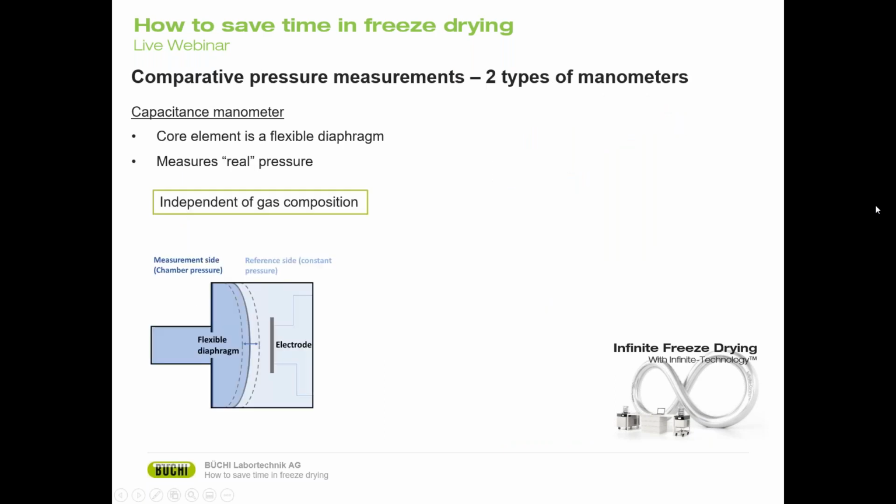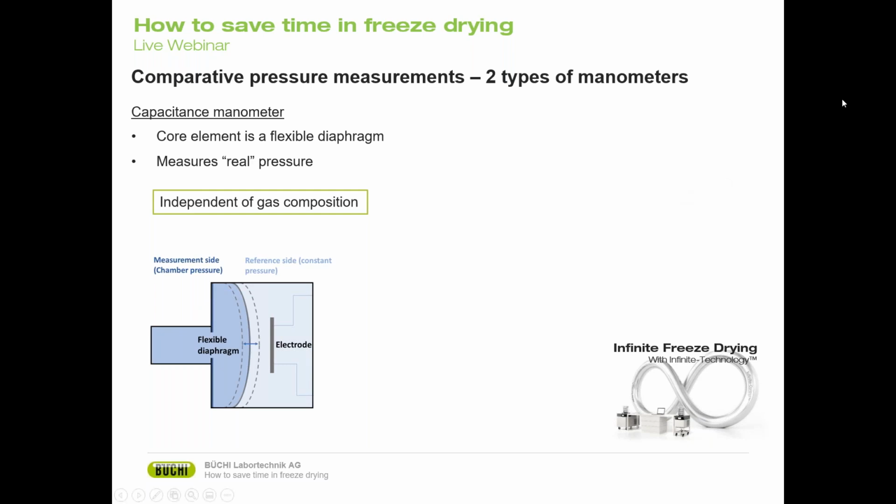So therefore, there are also other techniques, and one that is very important is comparative pressure measurement. The idea of comparative pressure measurement is that we have two types of manometers. We have a capacitance manometer, which you can see here. The core element is this diaphragm and an electrode, and they are at a certain distance to each other, which determines the capacitance between those two. We have a measurement side with the changing chamber pressure, and we have a constant reference side, which has a pressure close to vacuum.